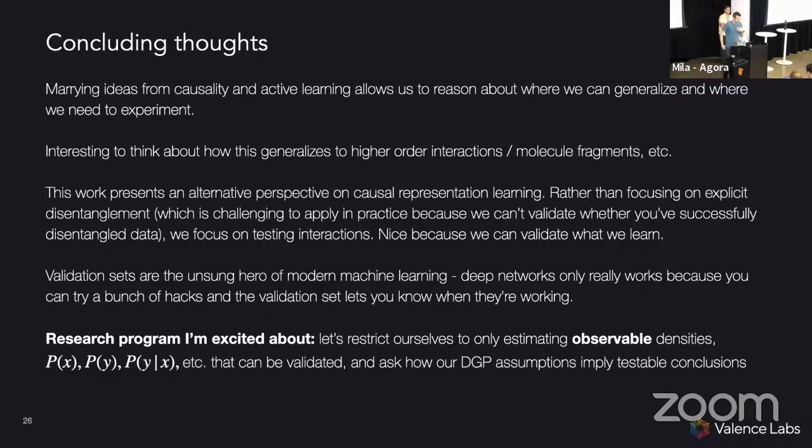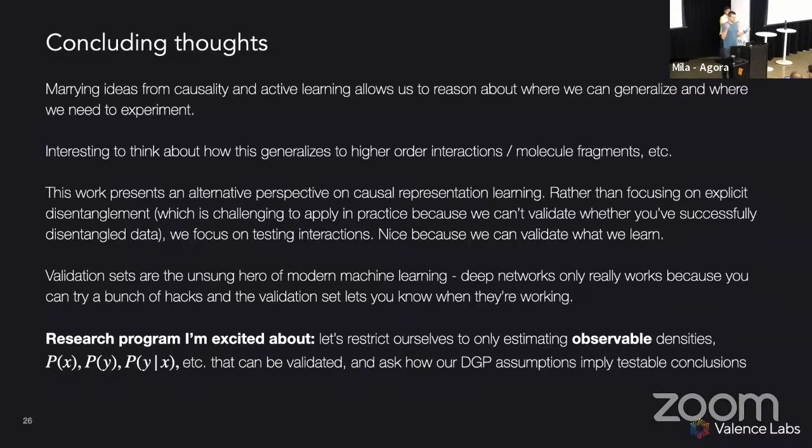I think what's nice about the testing perspective, where we're falsifying distributional assumptions rather than trying to disentangle, is that if we make incorrect distributional assumptions, it's just going to lead us to false positives. But this is something we can then test with orthogonal assays. And it also makes it far easier to validate our machine learning methods with actual explicit validation sets.